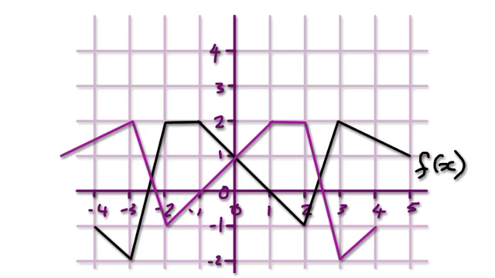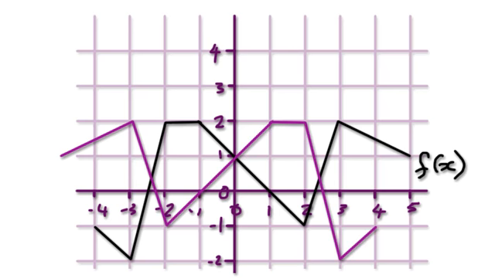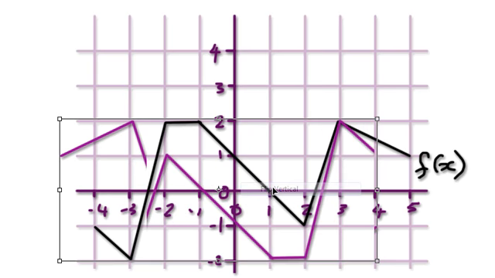So the purple line here is me reflecting it on the y-axis. Now I need to flip it and reflect it along the x-axis. Currently we are here at the moment. Now I need to flip it vertically.